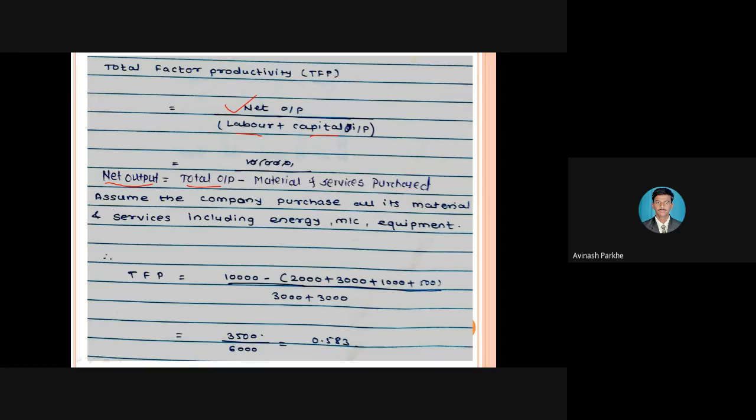For example, here I have written, assume the company purchases all the material and services including energy, machine, equipment. The company can purchase the machine, the energy, the equipment, some of the services, and they can hire some other engineers also, which is also part of purchase.